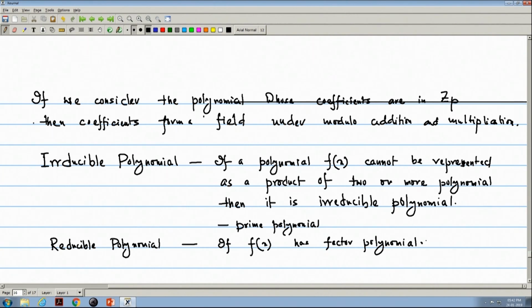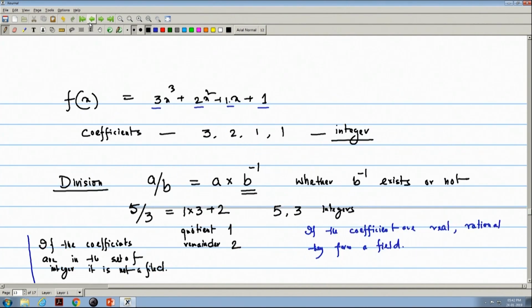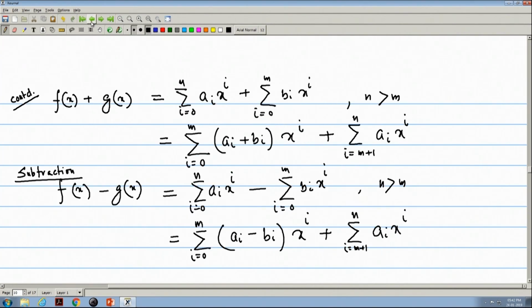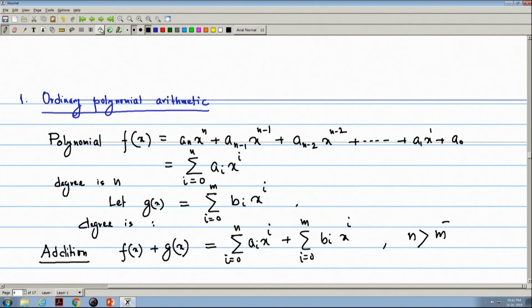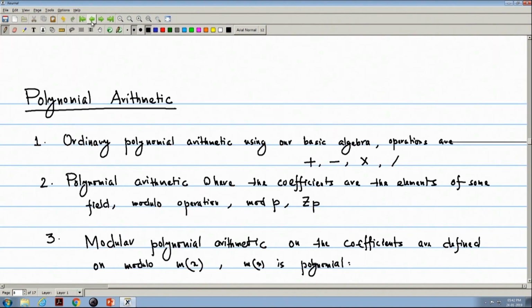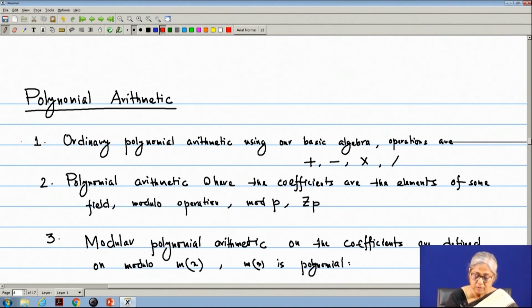So, what we see is that we started the discussion with the ordinary polynomial arithmetic, and then the polynomial arithmetic where the coefficients are elements of some field. We have seen that if the coefficients form a field, then division is possible.